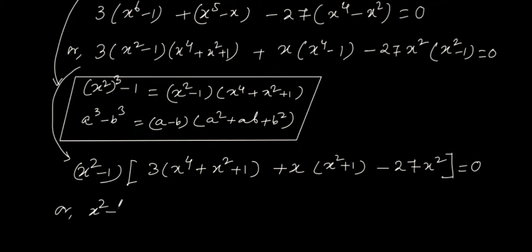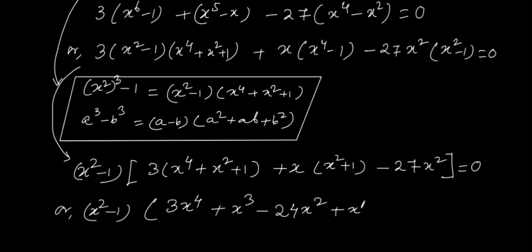Or x square minus 1 times 3x to the power 4, here only the x cube term, 1 x cube term, then x square term 3x square and negative 27, that means negative 24x square, and there is x, only one x is there.